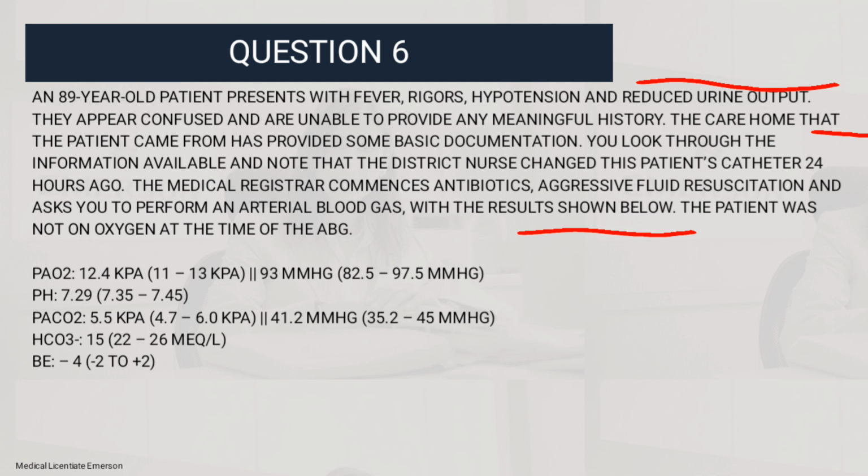Okay, so the partial pressure of oxygen was 12.4 kilopascals, and in terms of millimeters of mercury, it was 93. Then the pH was 7.29. Then the partial pressure of carbon dioxide was 5.5 kilopascals. In terms of millimeters of mercury, it was 41.2. Then the bicarbonate level was 15, and the base excess was -4.